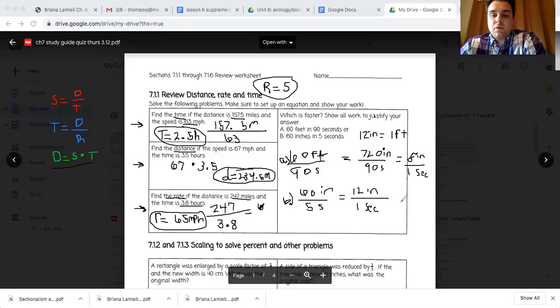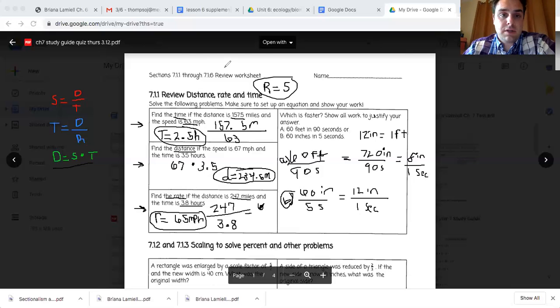Okay, so 8 inches for 1 second or 12 inches for 1 second. So it's asking which one is going faster. Well, if we're moving 8 inches in a second or 12 inches in a second, I would say B, because we are moving more inches per second.